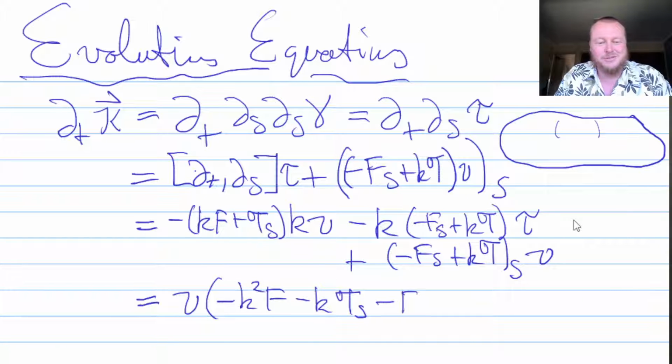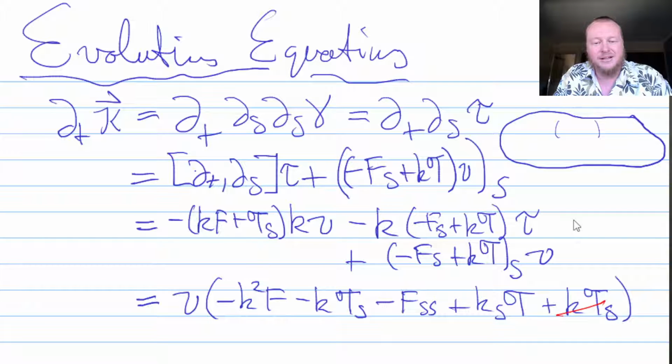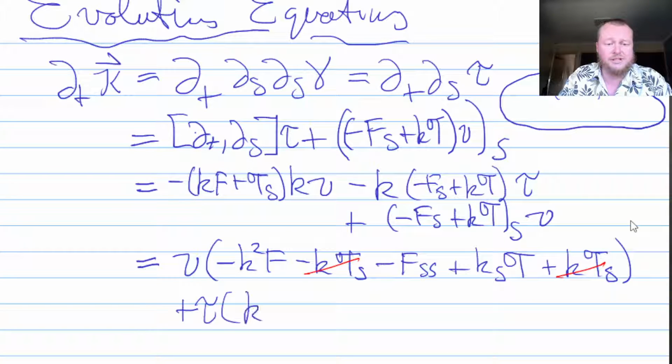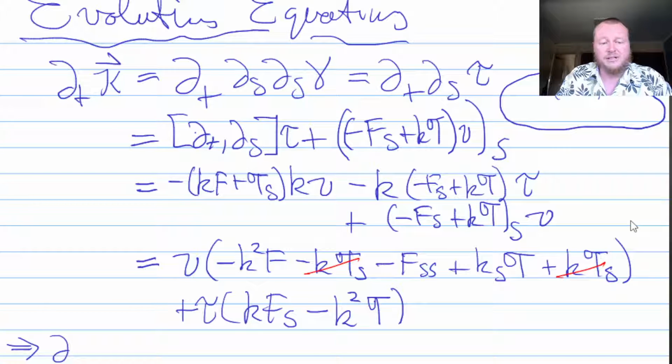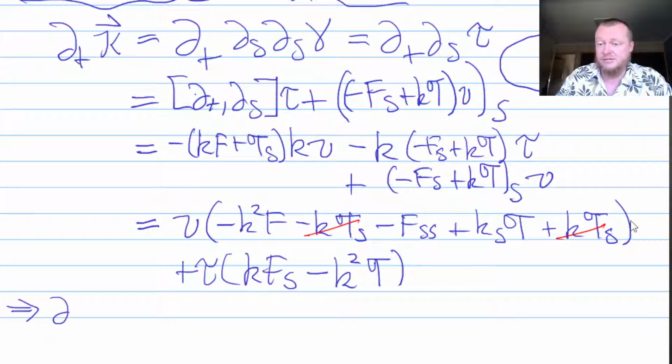Okay, so there's all those things that I said. And those two kill each other, and the rest stay. All right, and then you're going to have the tangential piece, which nothing happens. And so that's it. That's the evolution of the curvature vector.